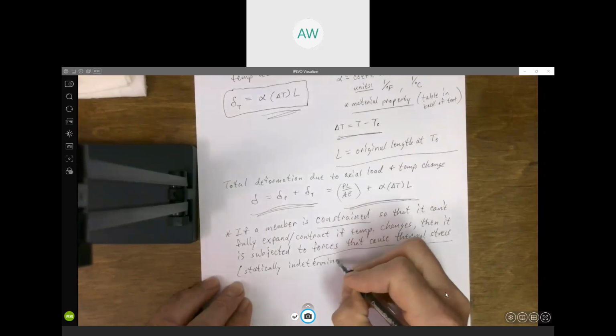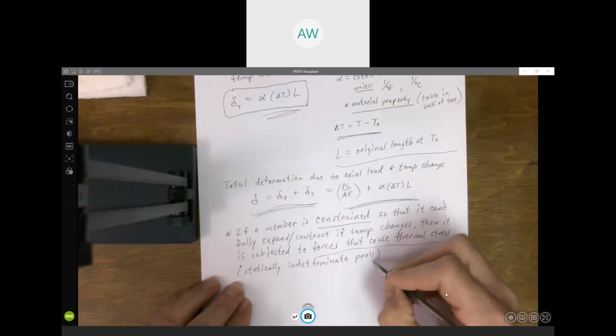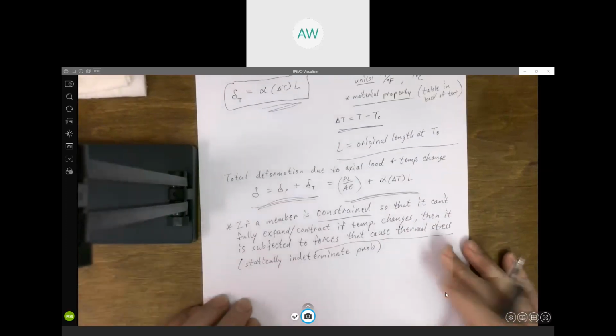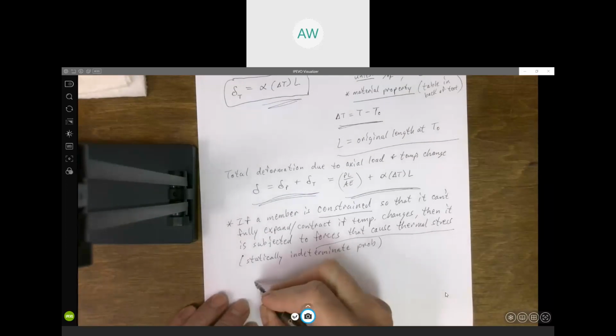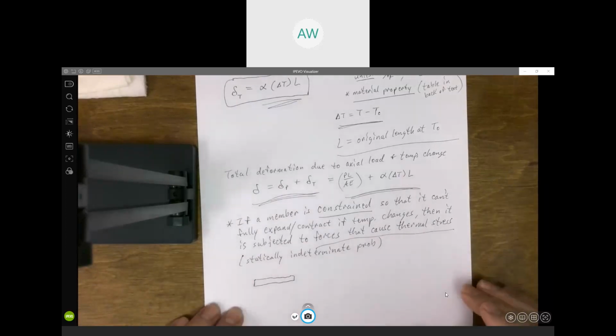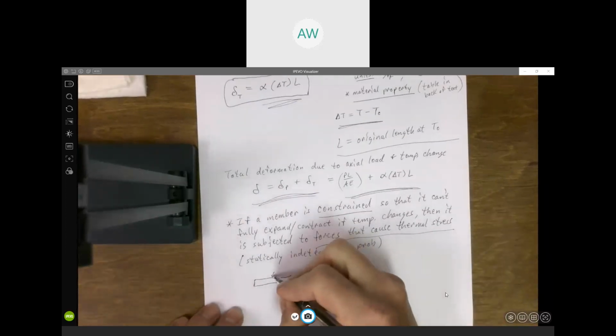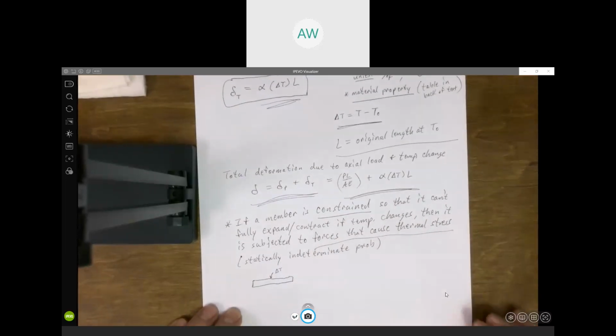Indeterminate problem. Maybe a picture here might help. So if you've got some member not constrained in any shape or fashion, right? You apply some delta T to this thing.